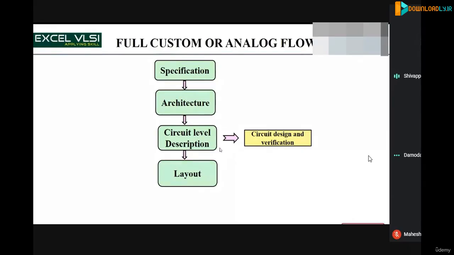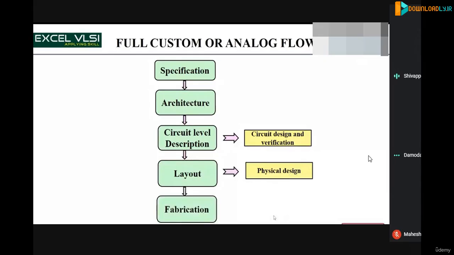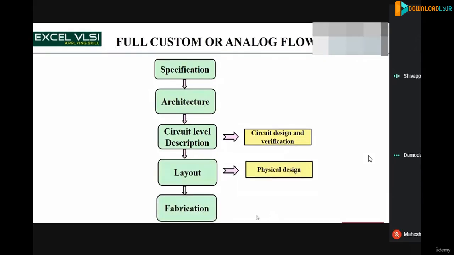Okay, and finally you are getting into the layout, and that's the physical design part of it. And then finally it is the fabrication part of it. So it is a very high level bird's eye view of the full custom flow, which is shown here. Okay, and this is including full custom execution. Okay, so you will see in the ASIC what is the difference.